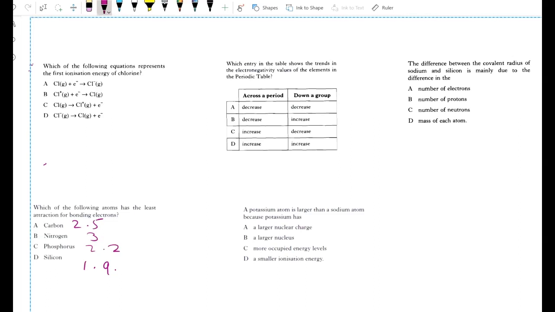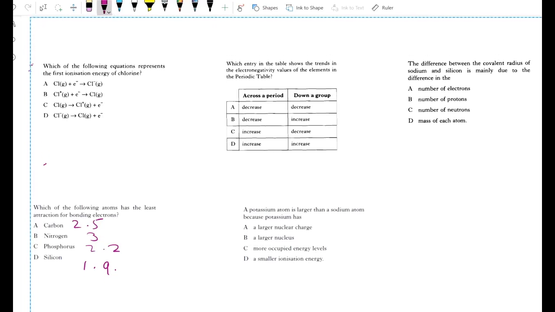The final questions we're going to have a look at are multiple choice. Again, you may want to pause the video, have a go at them before looking at the answers. So, all of these questions are relating to trends in the periodic table, and we're going to start with the one in the top left hand corner, which is which of the following equations represents the first ionization energy of chlorine.